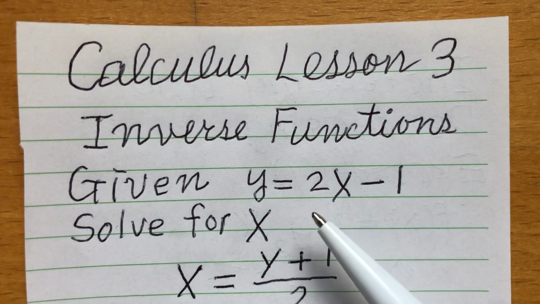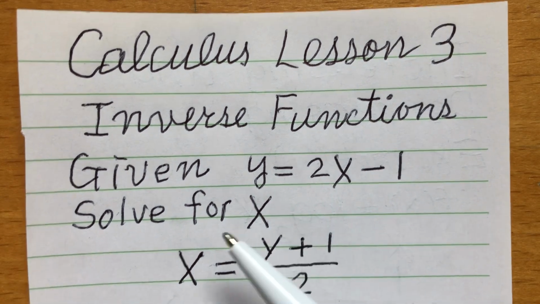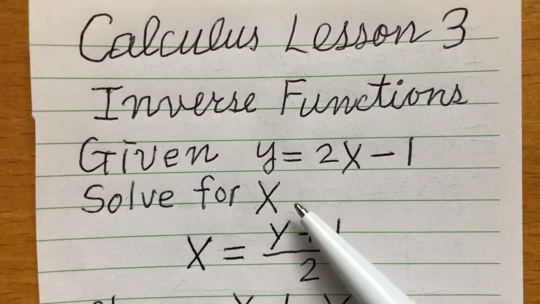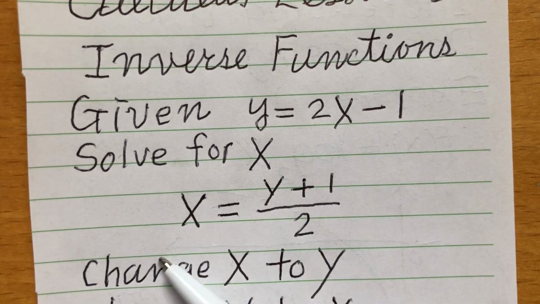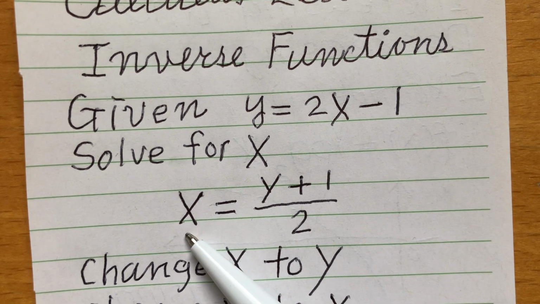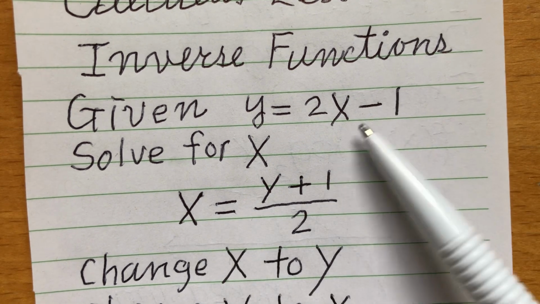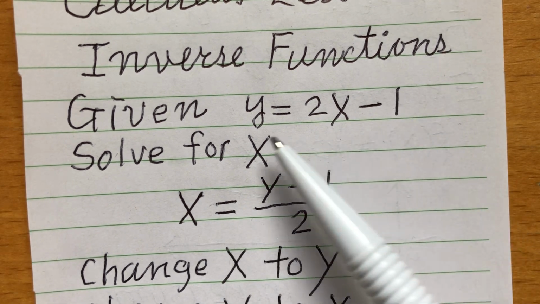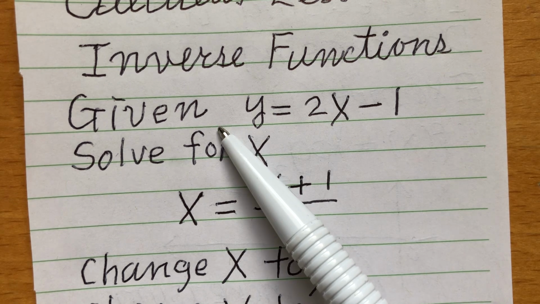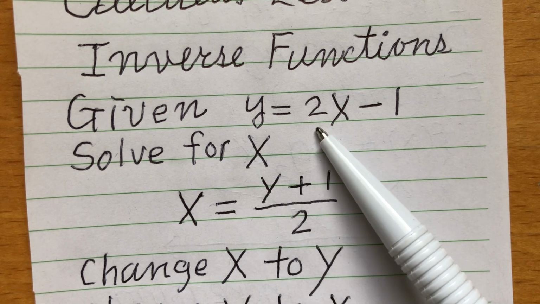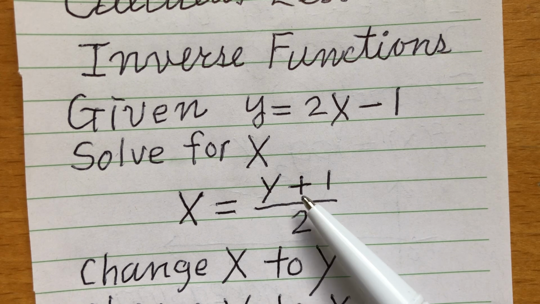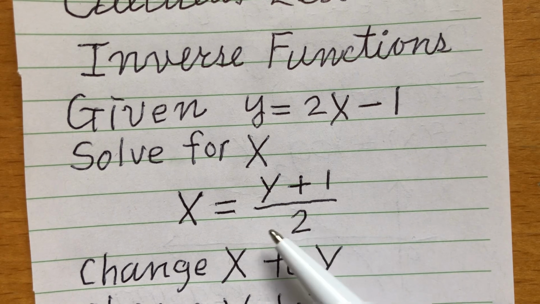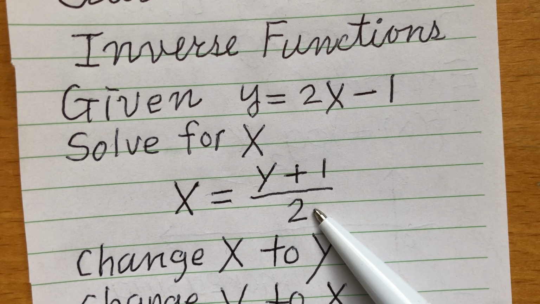So we go ahead and solve for x. You move the negative 1 to the left-hand side and divide by 2. So x is y plus 1 divided by 2.